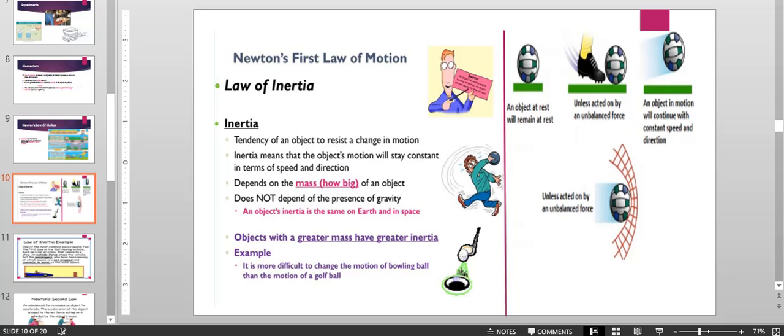And we have also discussed that inertia solely depends upon the mass of the object, whereas it does not depend on the presence of gravity. For example, an object's inertia is the same on the earth and in space.